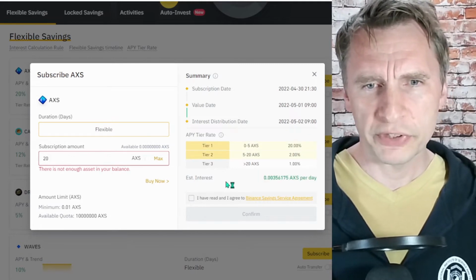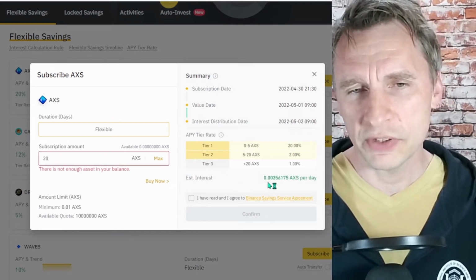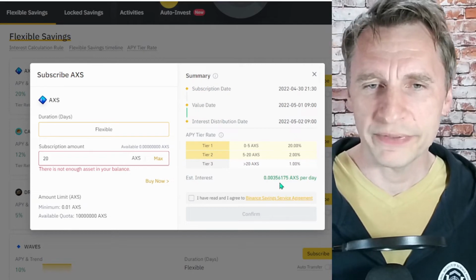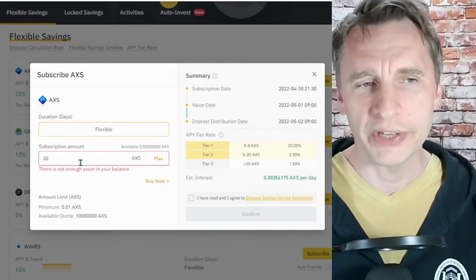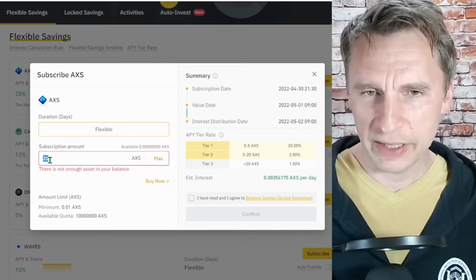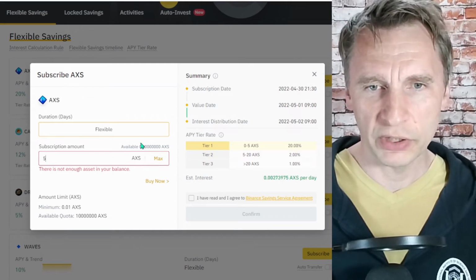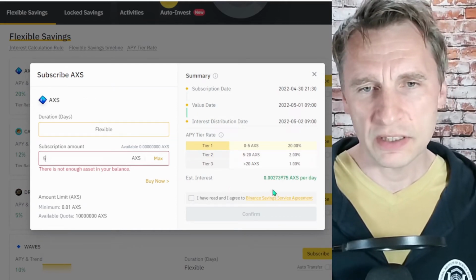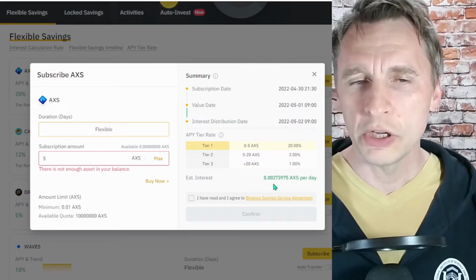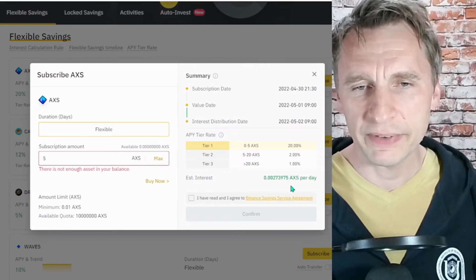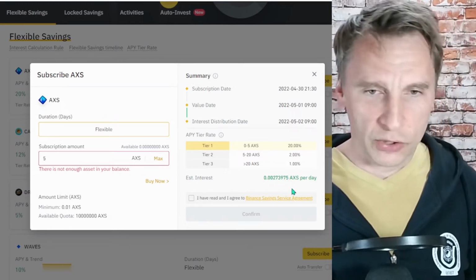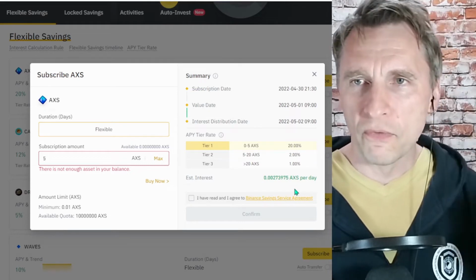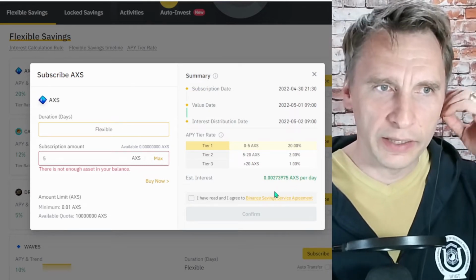So for example, if we save 20 AXS, you would receive 0.0035617 AXS per day. If you were to save, let's say, we'll go with the maximum tier 1, 5 AXS, you would receive 0.00273975 AXS per day.